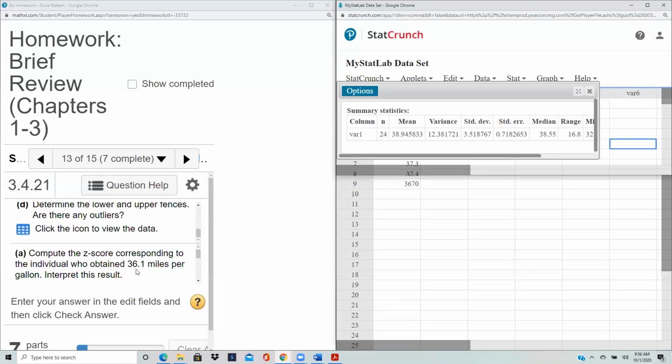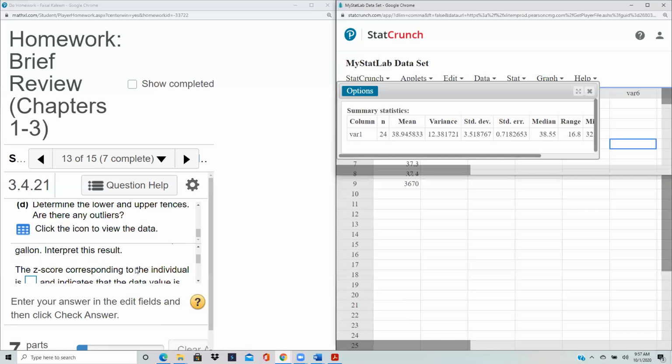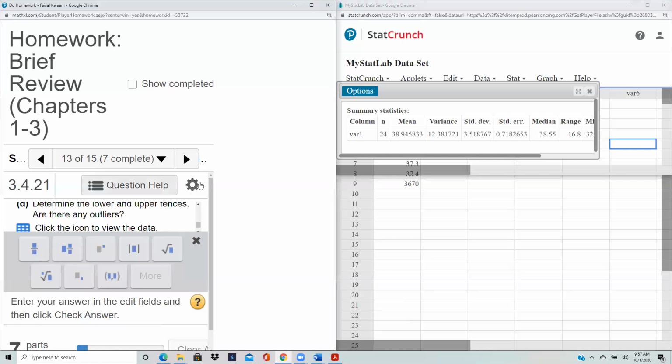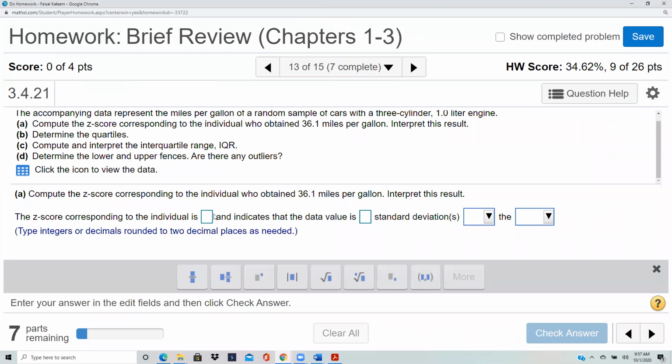Probably 3, because the final answer they want 2. So for the intermediate answers, I'll try to go 1 more. I got negative 0.84. Okay. Negative 0.84.